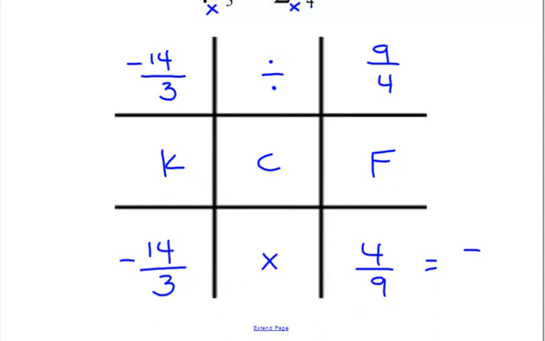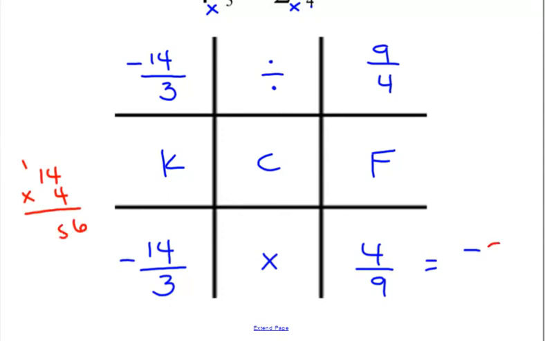So let's do our checks. Can 14 over 3 simplify? No. 4 over 9 simplify? No. 4 over 3? No. 14 over 9? No. So it's as simplified as it goes. So what's 14 times 4? Well, let's pull it out over here. 1, 6.